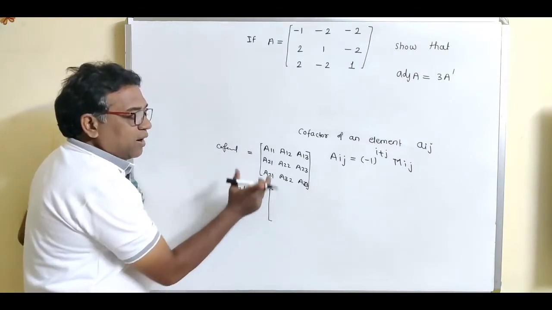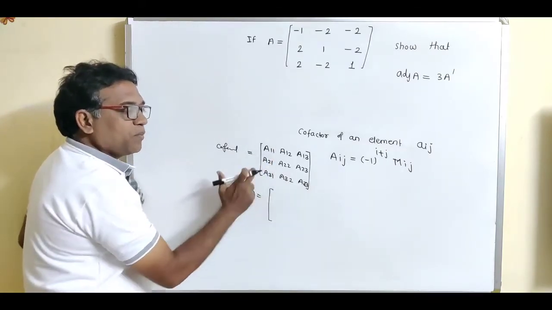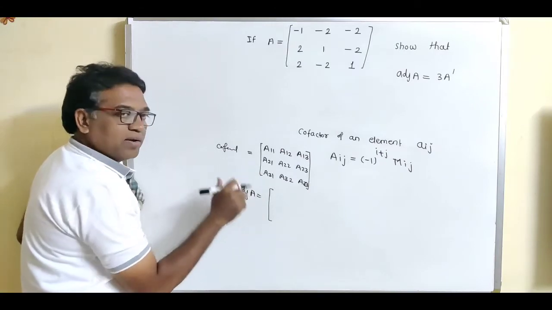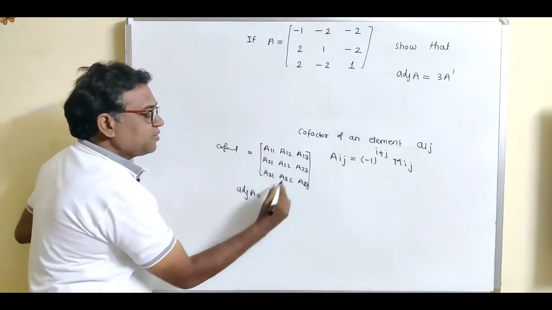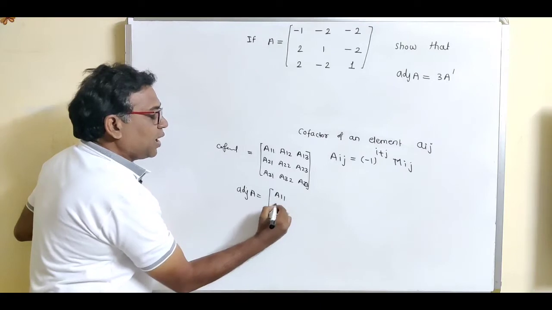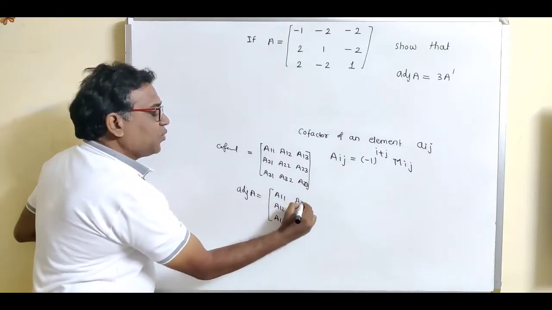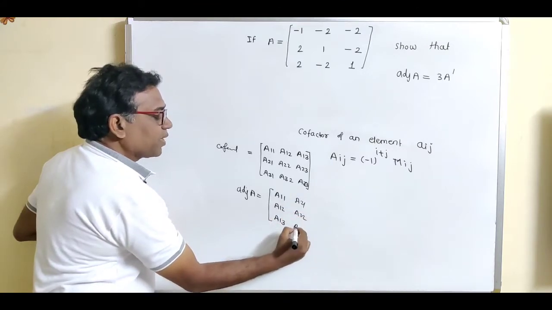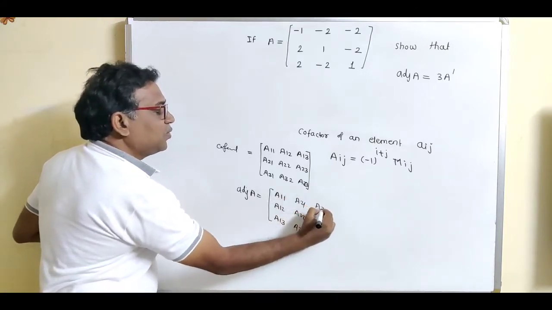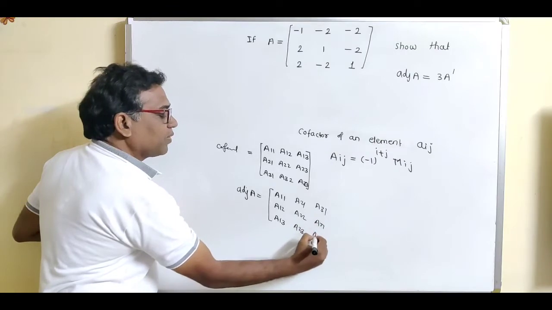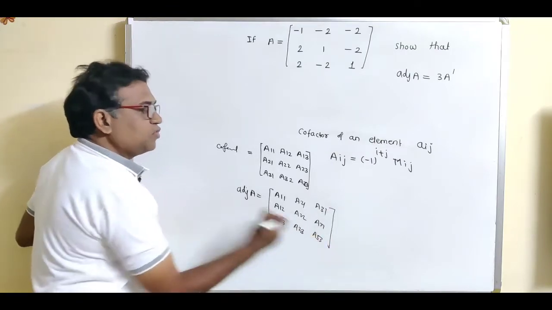Adjoint of A means transpose of the matrix of cofactor. How to write the transpose? Transpose means write the first row as the first column, the second row as the second column and the third row as the third column. So this is called the adjoint of A.